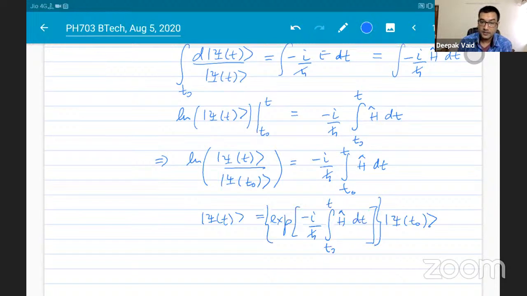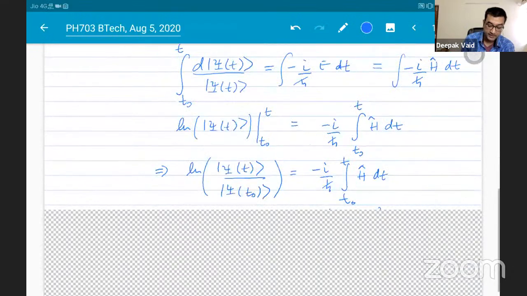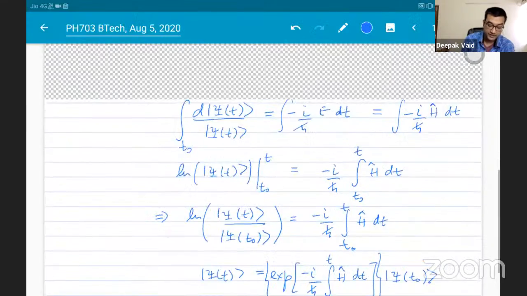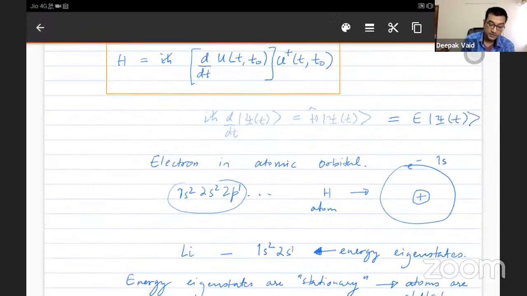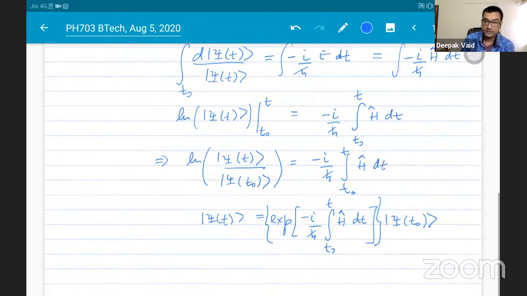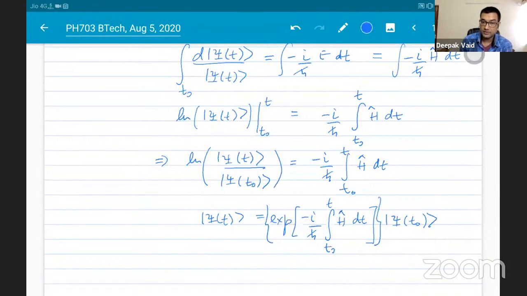And as I said, you can show after the fact, if you take the time derivative of both sides, that this solution satisfies the original Schrodinger equation. So if you're not satisfied with the method of derivation, you can convince yourself that by taking the time derivative, you get the original Schrodinger equation.